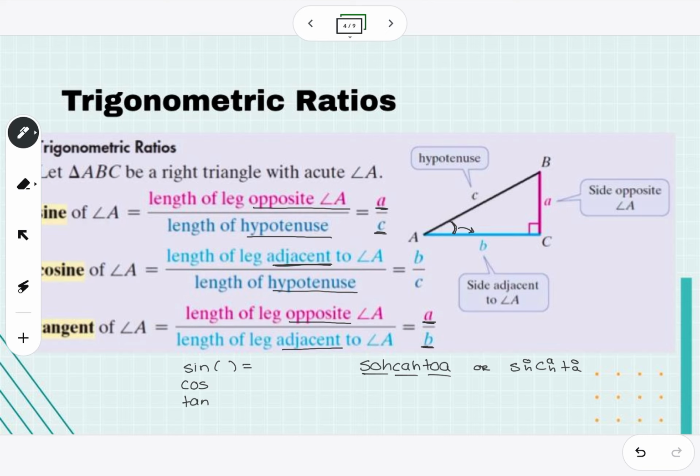So SOHCAHTOA is a nice little shortcut for us to remember sine, cosine, and tangent. What do we mean by sine, cosine, and tangent? Sine, S, is the ratio of the opposite side over the hypotenuse, so O over H. Cosine is the ratio of your adjacent side over your hypotenuse. And tan over here is the opposite side over the adjacent side.